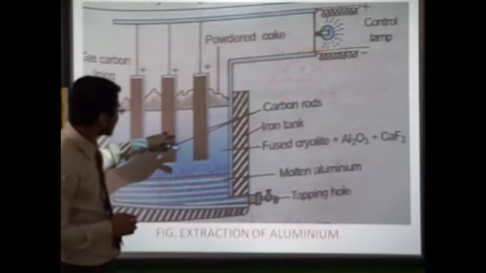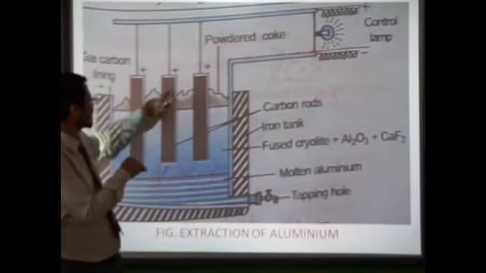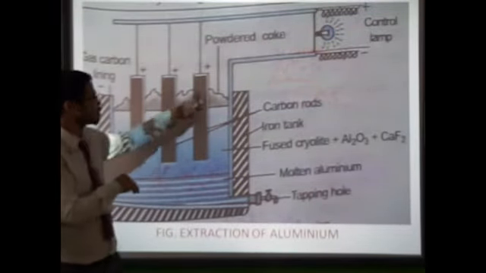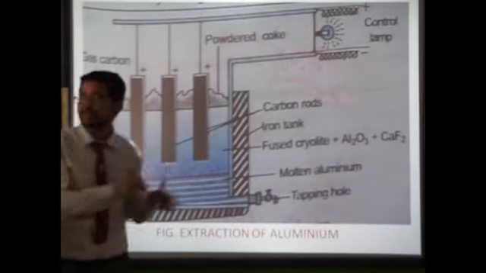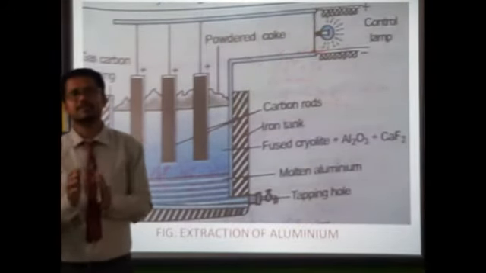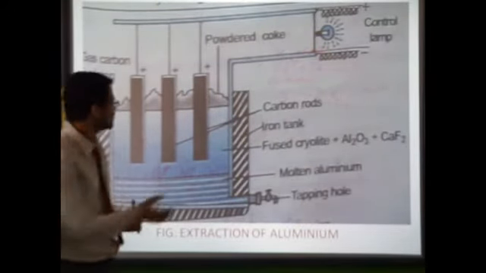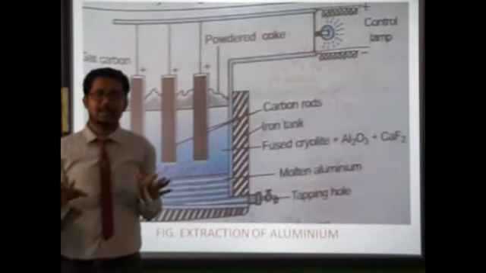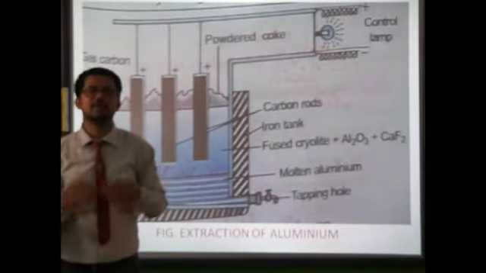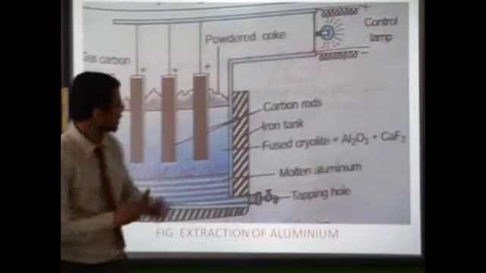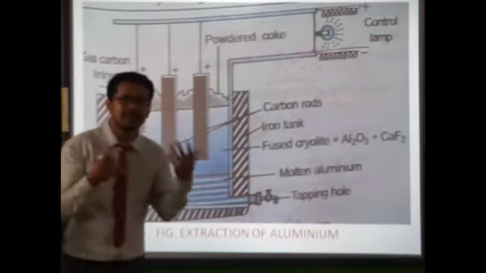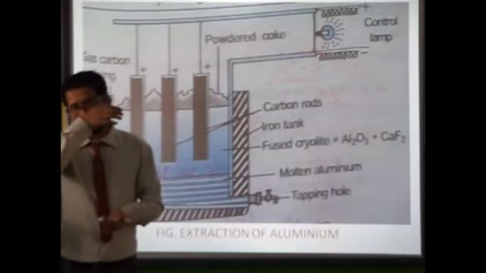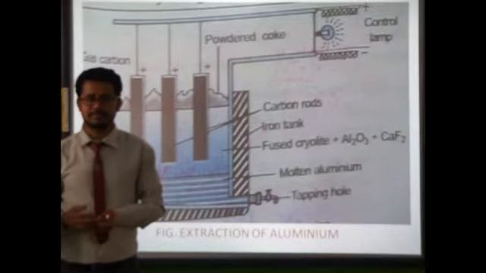When this oxygen gas comes in contact with the carbon, which these plates are made of, it forms carbon dioxide. That means these plates will decay, forming carbon dioxide. Hence, these anodes need to be replaced from time to time.